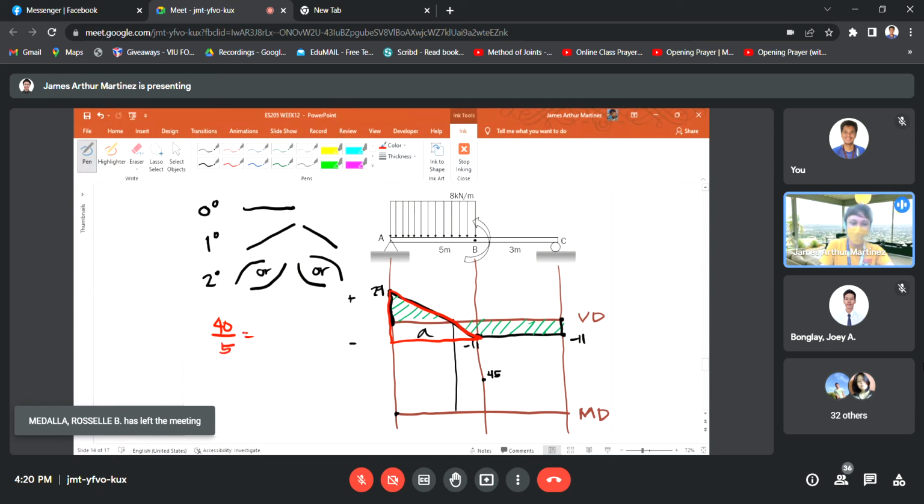Over 5 is equal to what we are looking for, A. For the smaller triangle, we have this part here, and that is just 29 over A.